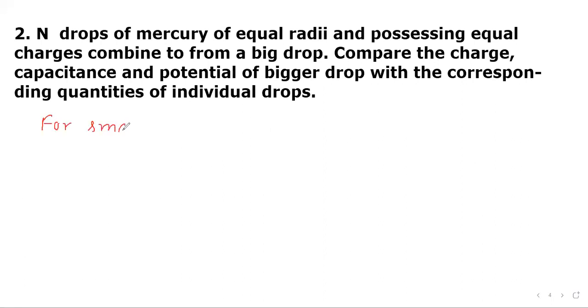For the smaller drop, its capacitance is 4 pi epsilon naught small r, and its potential V will be equal to q divided by 4 pi epsilon naught small r, where small q is the charge on each small drop.